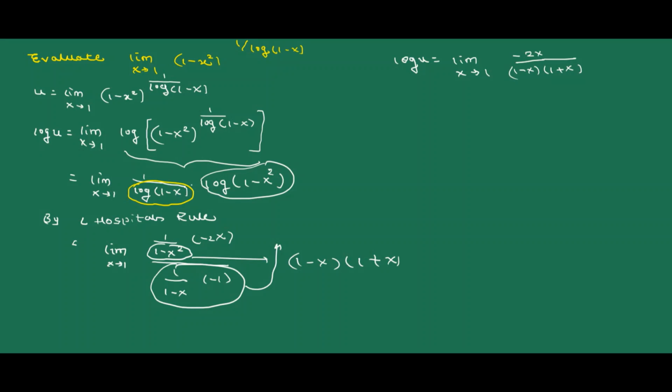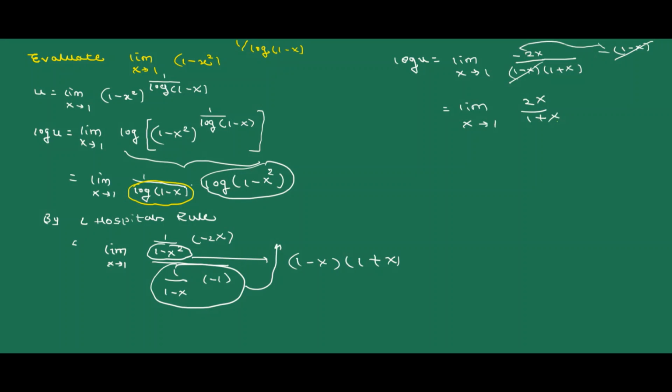We can write it as minus into bracket 1 minus x, where these two terms get cancelled. So we are left with limit x tends to 1, this minus into this minus into this minus is equal to plus 2x divided by 1 plus x.